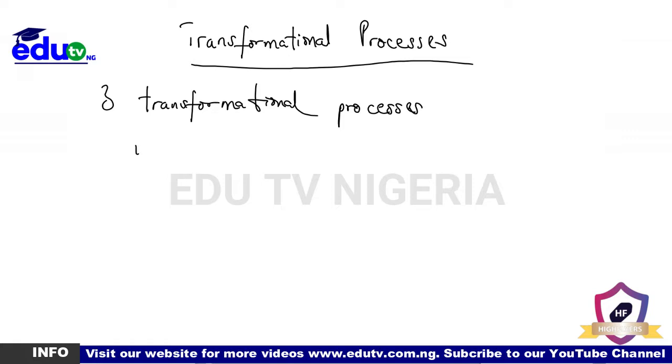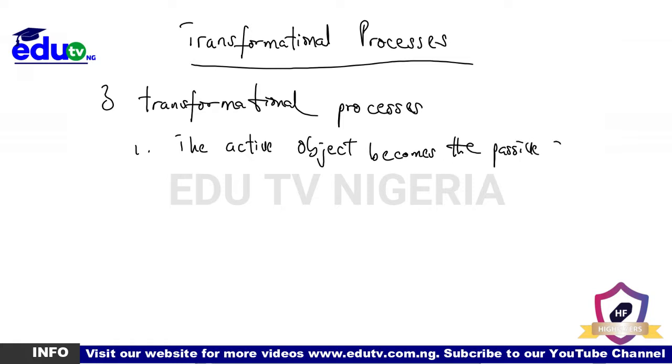Number one, the active object becomes the passive subject. So the active object becomes the passive subject. What does that mean? Now look at this sentence. S-P-O.